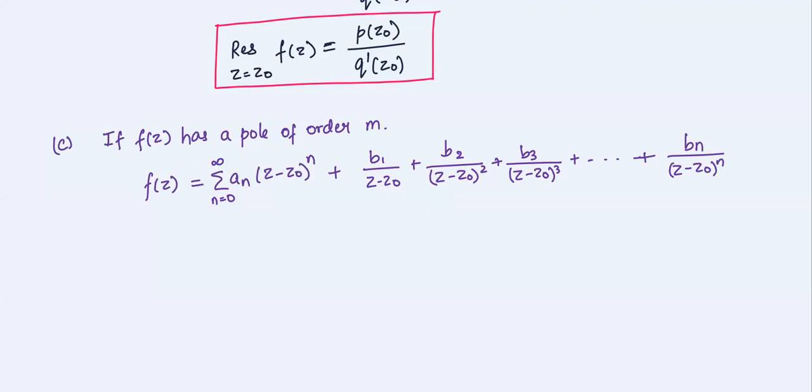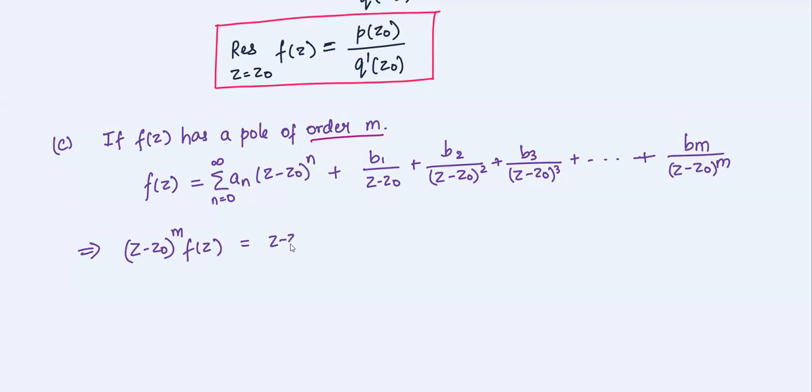This is of order m. So now let us multiply f of z by the highest power, z minus z naught whole power m.